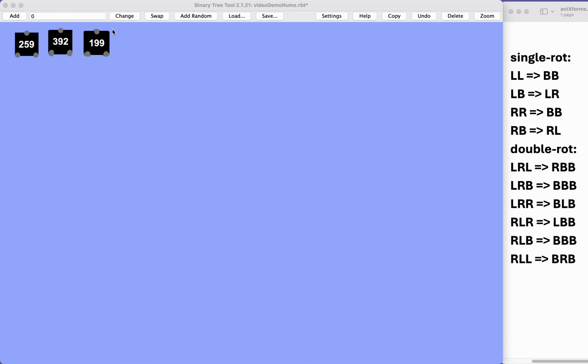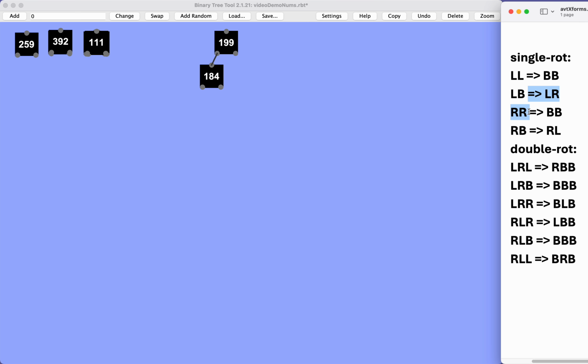Okay, we'll start out with 199, then 184. I'm going to do this rather quickly. I'm not necessarily going to be looking every time at what rotation to do. I'll just mention the rotation, and you can use the legend over here as a reference.